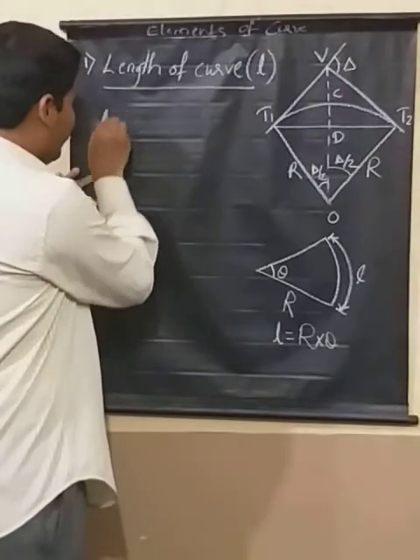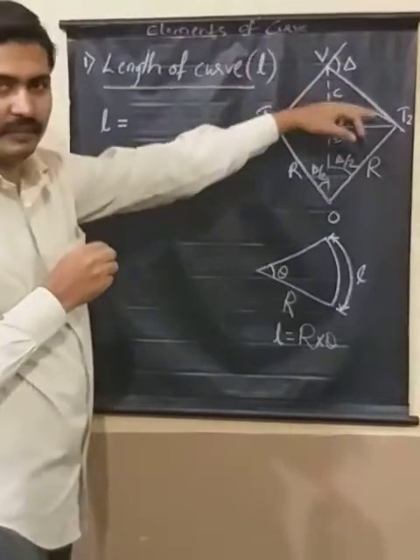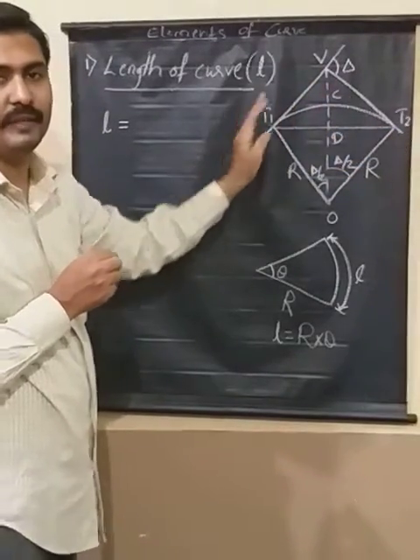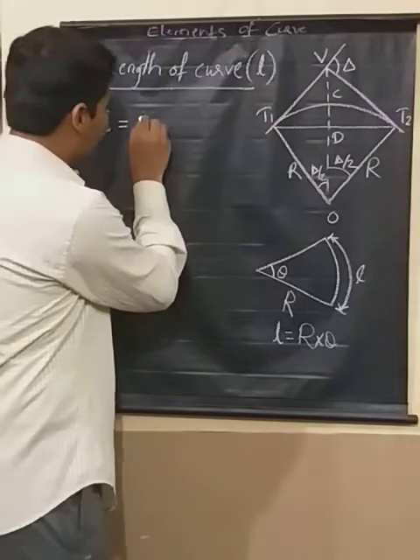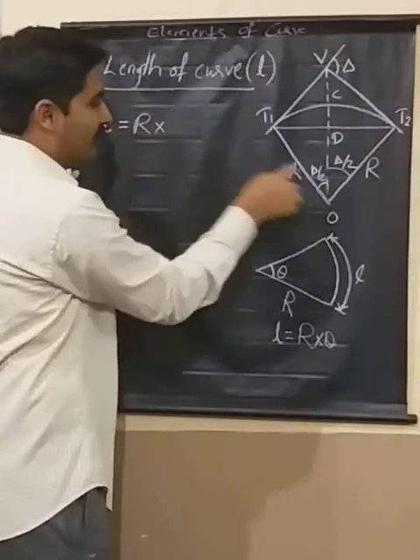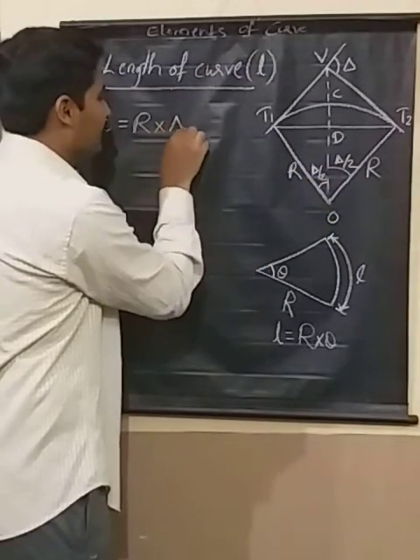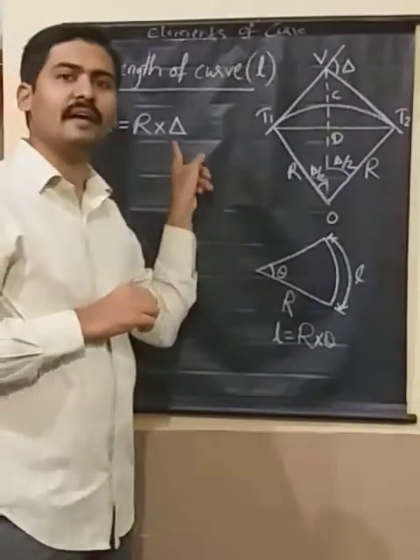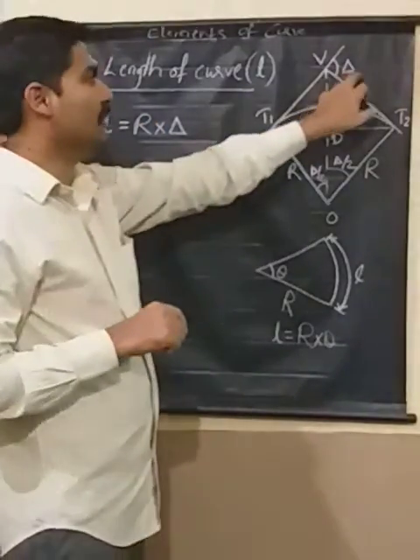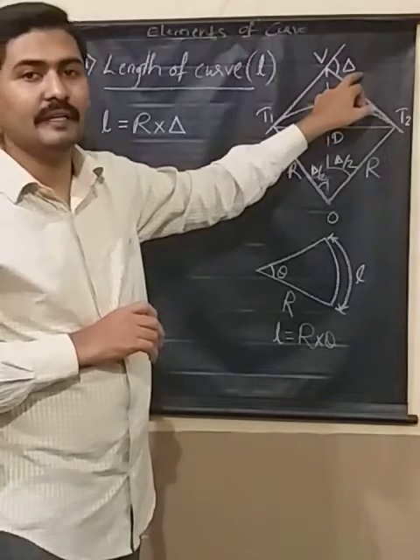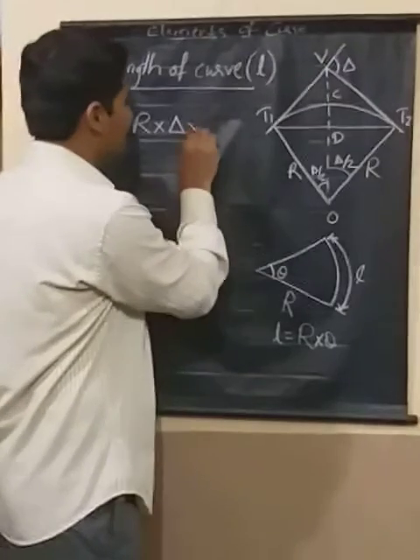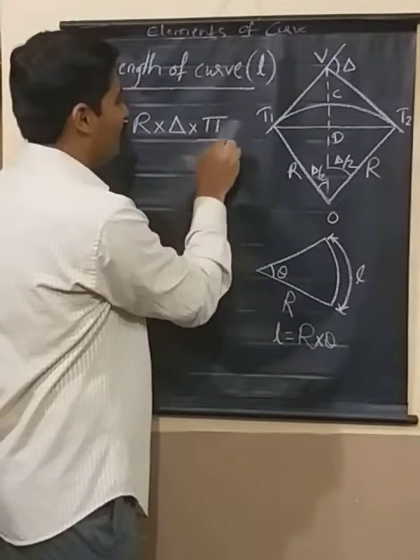L, that is the length of the curve T1 C T2, will be equal to r multiplied by the central angle. And this central angle should be in terms of radians, isn't it? But the one we have right now is in terms of degrees. To convert that into radians, I need to multiply this by pi by 180.